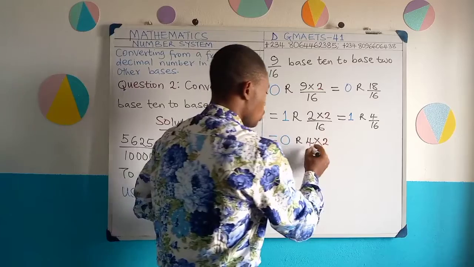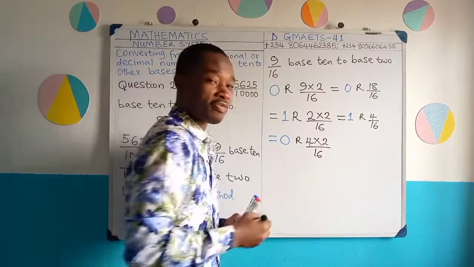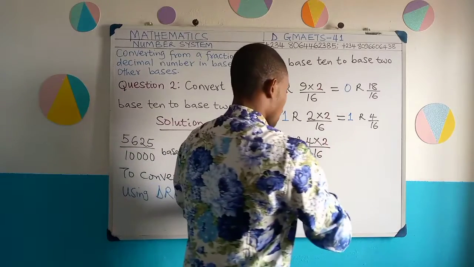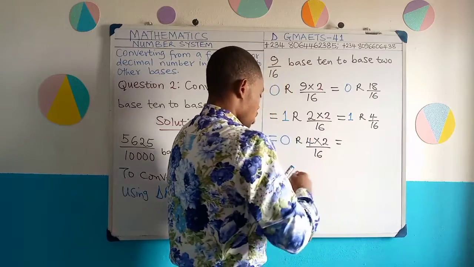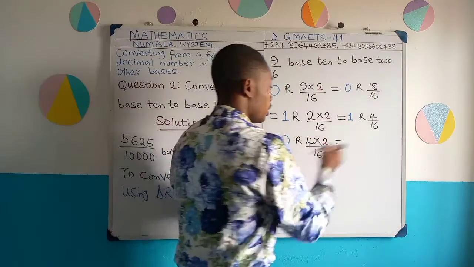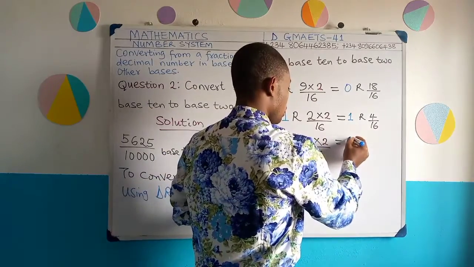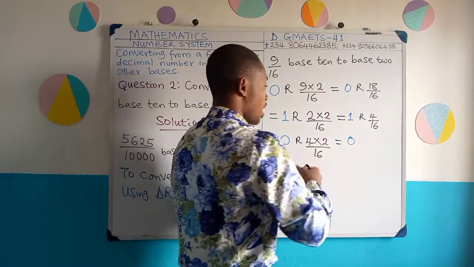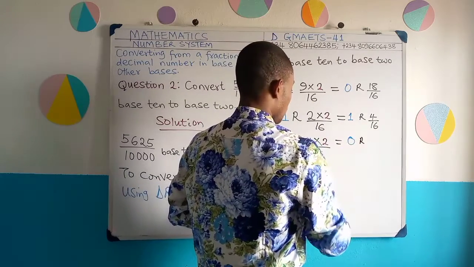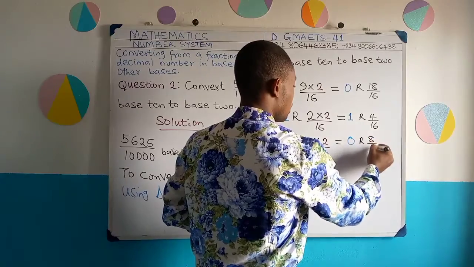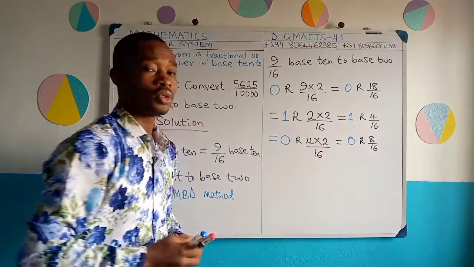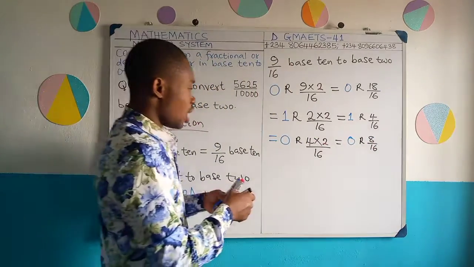I think what will waste my time now is the different shades of marker that I'm using. So if you work on this, this is going to give us 0 is the answer we got here. And then we're going to write remainder 8 over 16, because 4 times 2 will give you 8. Then we move on again.